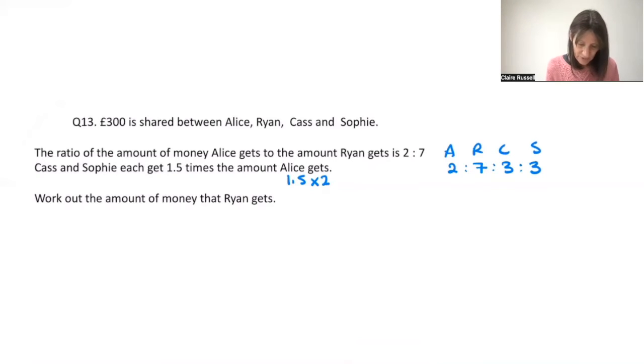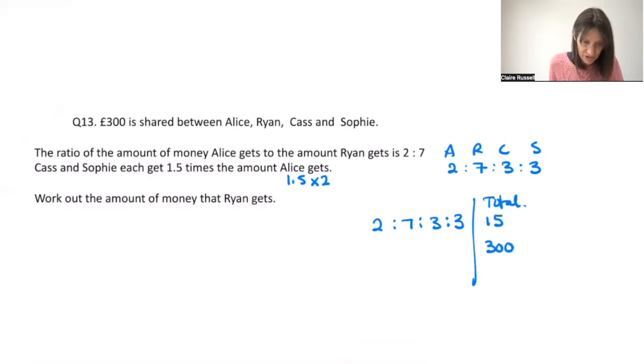Now, we've got to work out the amount of money that Ryan gets. So what we're going to have to do is take our ratios, because everyone's involved in the problem. £300 is shared between them all, so the total will get shared out. So we need a total column. The total in the ratio is 15. In the question, it's 300.